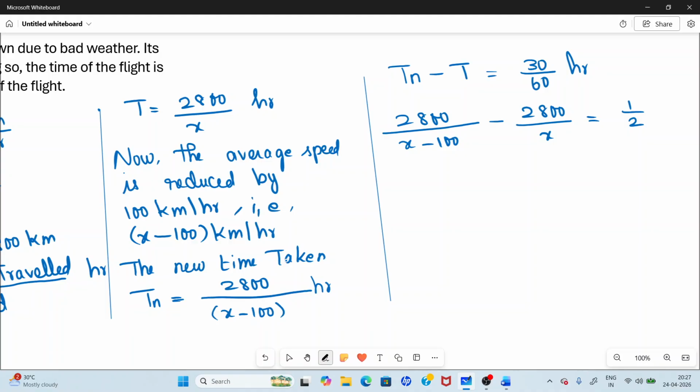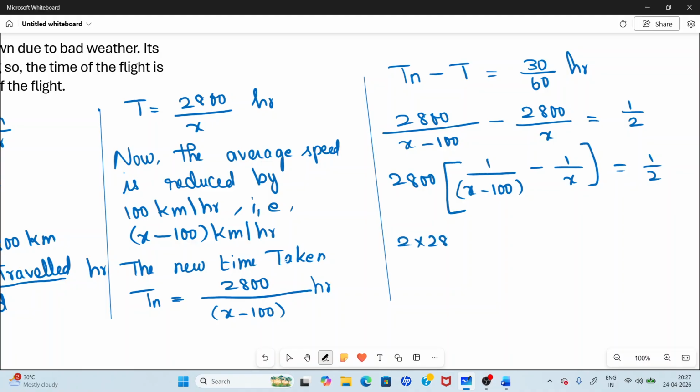So we have to simplify this to form a quadratic equation, okay? 2800, we can take it out. So 1 by x minus 100 minus 1 by x equal to 1 by 2. So 2 into 2800. So here LCM is 2, 2 is in the right hand side, okay?